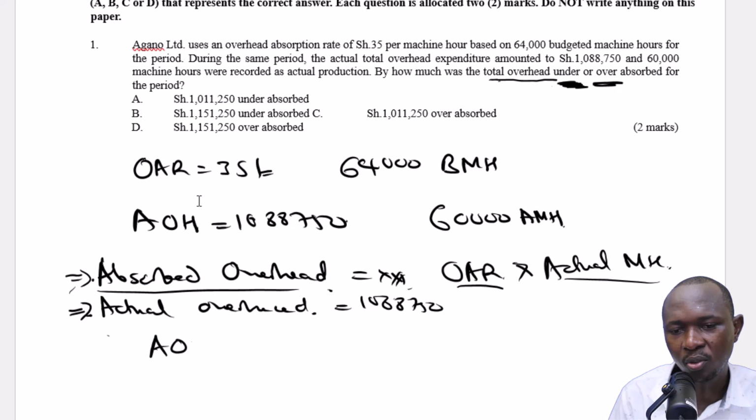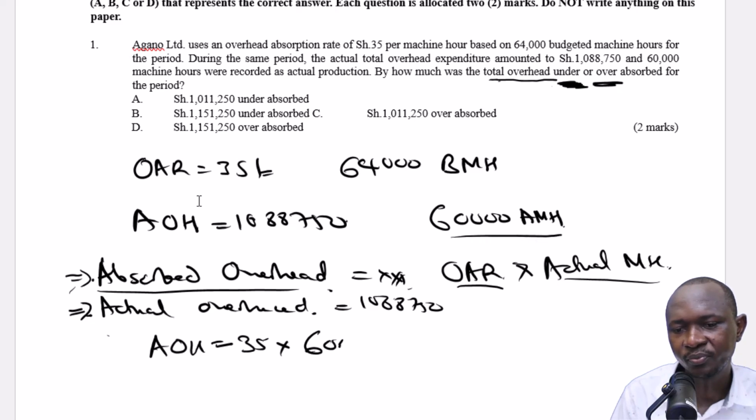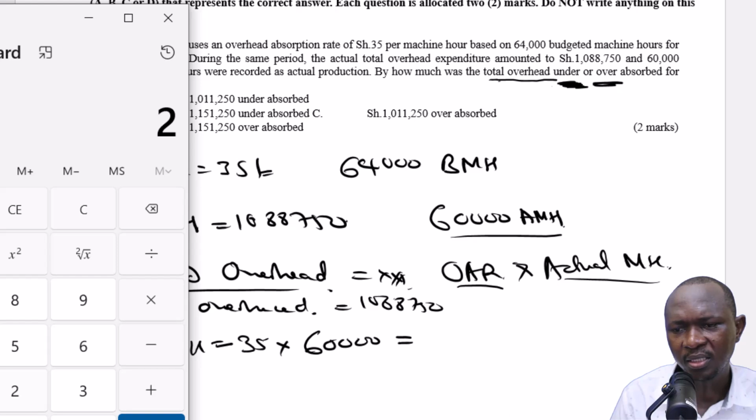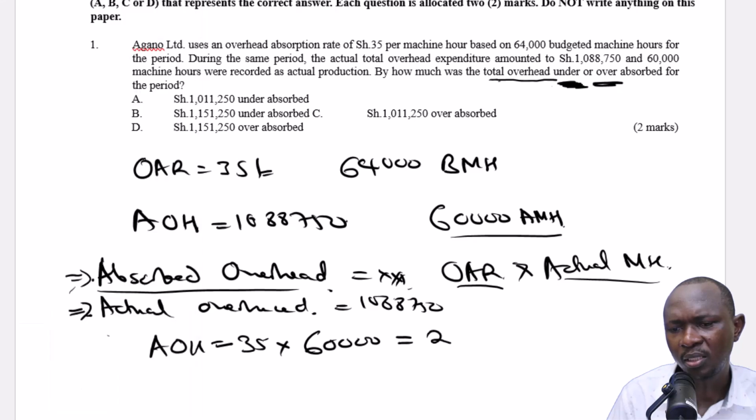So absorbed overhead in this case will be 35 times the actual machine hours, which is 60,000. 35 times 60,000 is equal to 2.1 million. So this will be our absorbed overhead, 2.1 million.